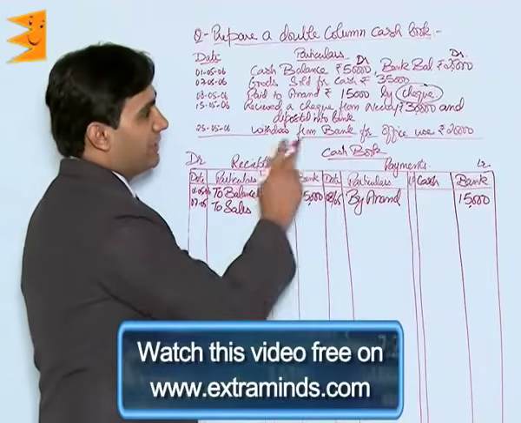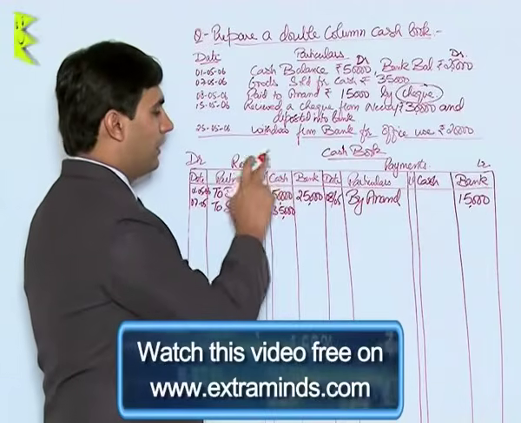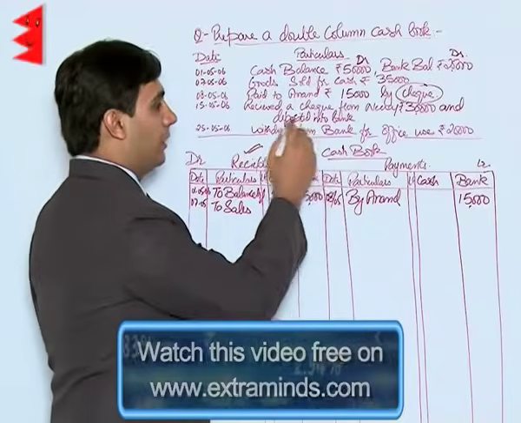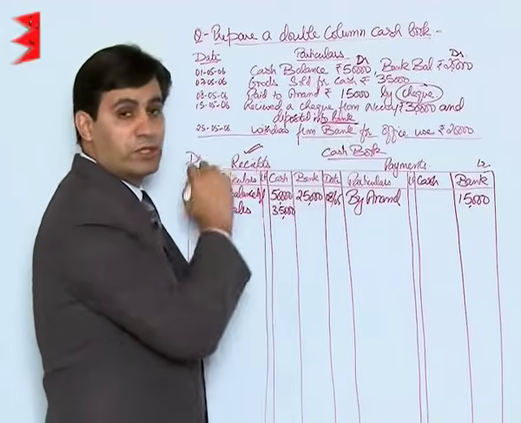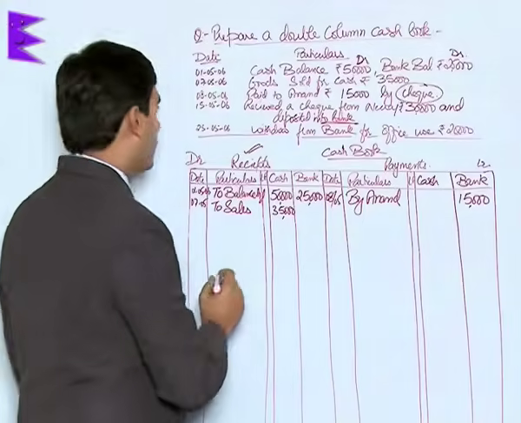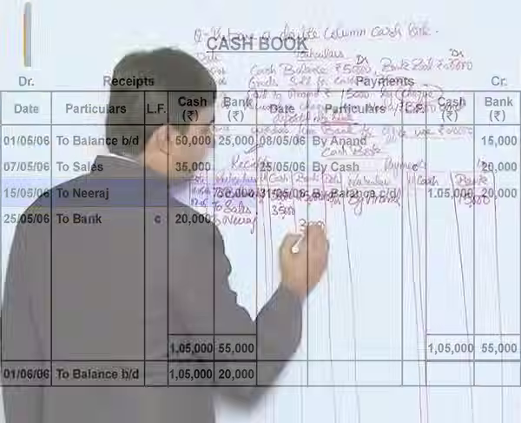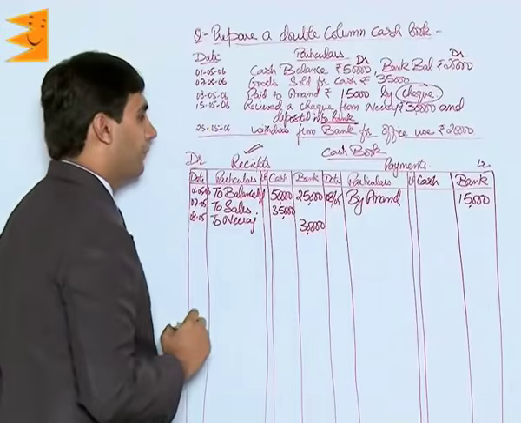Since we are receiving payment, the entry would be made on the receipt side but in the bank column because the check has been deposited into bank. So it would be to Neeraj. The amount is 30,000 rupees and it will appear in the bank column.